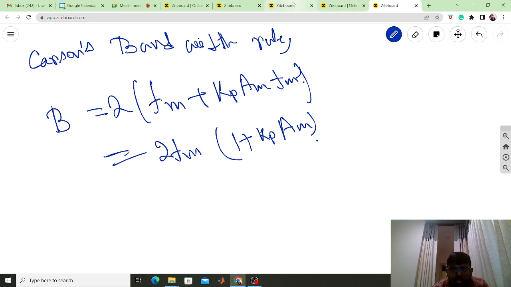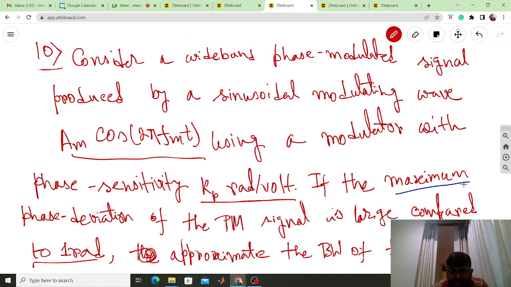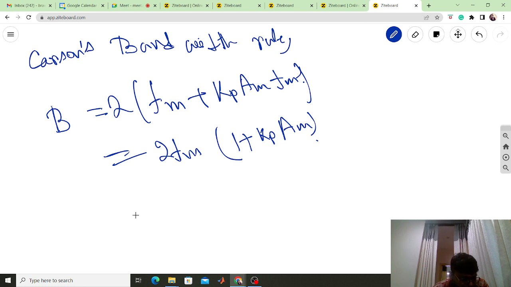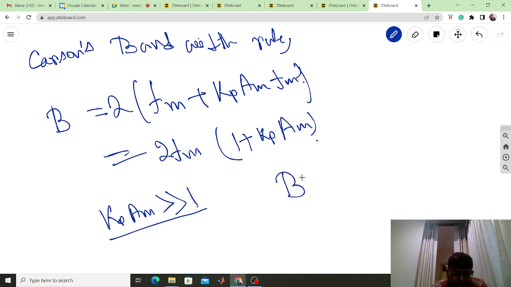Now what was given in the question is that the maximum phase deviation of the PM signal is large compared to 1 radian. From there we can write kp Am greater than 1, hence B equals 2 fm kp Am.